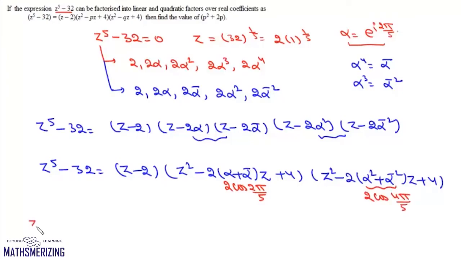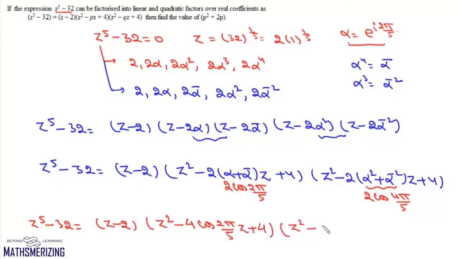So now we can write z to the power 5 minus 32 will be z minus 2, z square minus 4 cos 2 pi by 5 z plus 4, and z square minus 4 cos 4 pi by 5 z plus 4. Now we compare, we'll get p as minus 4 cos 2 pi by 5.